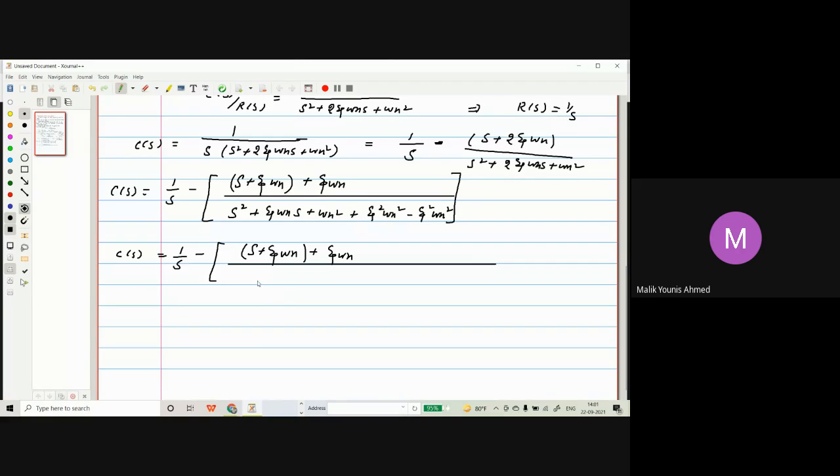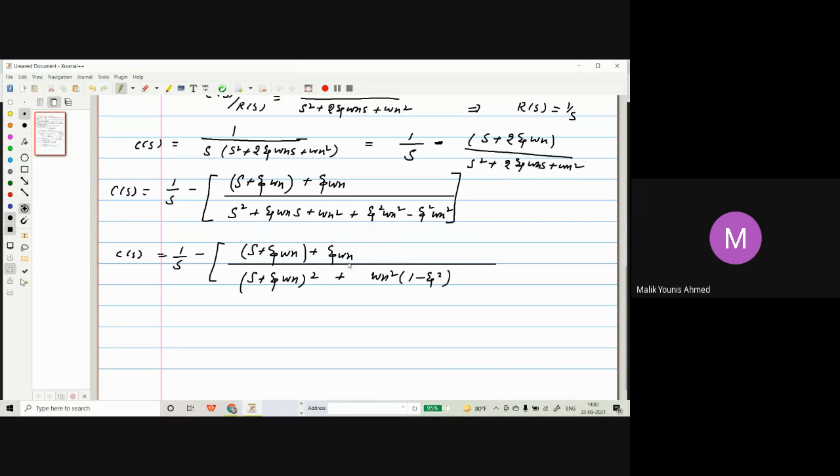That will be s plus xi omega n whole square. So first, second, fourth term leftover will be plus omega n square. I can take common omega n square, and then 1 minus xi square I can take common.